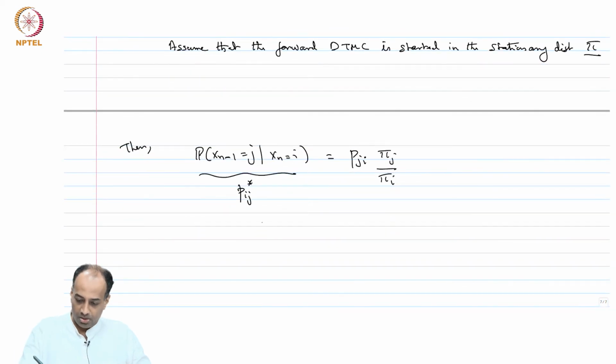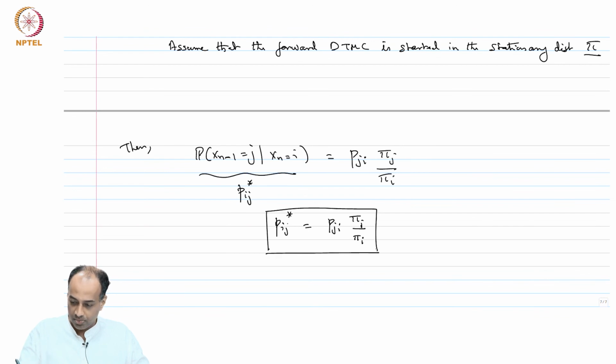So let me just write this down, this is important. P_ij star is equal to p_ji times pi_j over pi_i. And this is true for any states i, j.